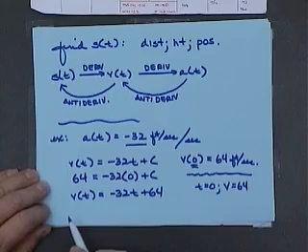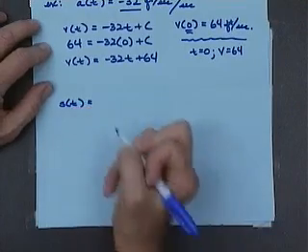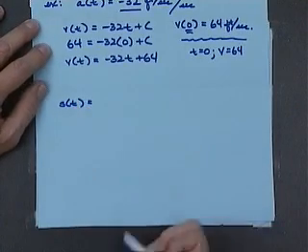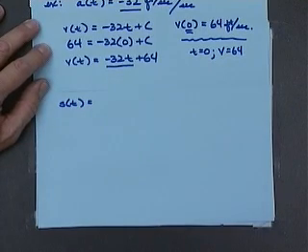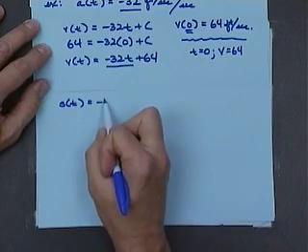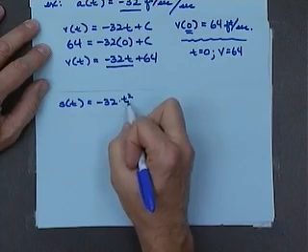So now we know the velocity equation. Now we can anti-differentiate again. We want a distance, height, or position function. So we ask ourselves this question: what has negative 32t for its derivative? Negative 32 t squared over 2.